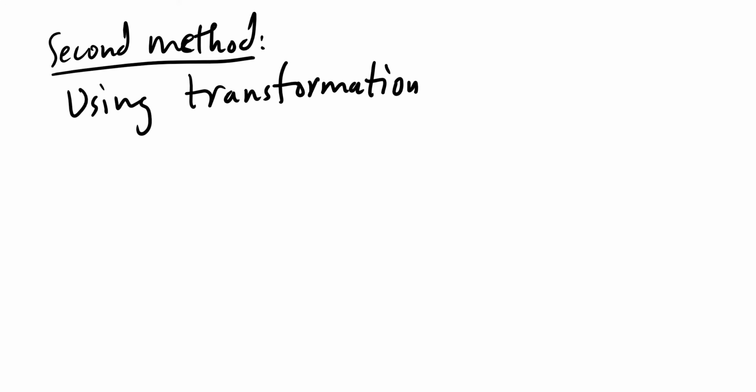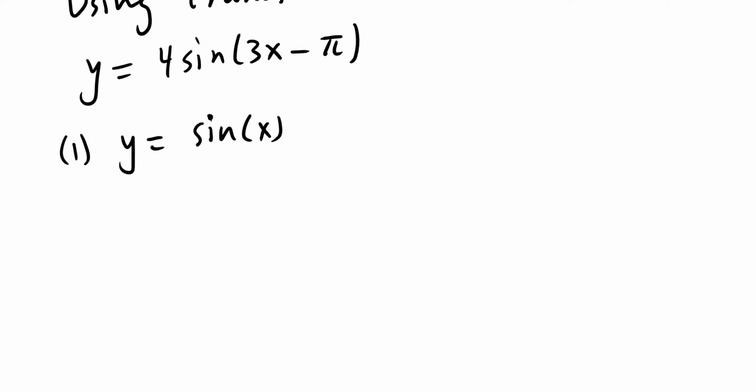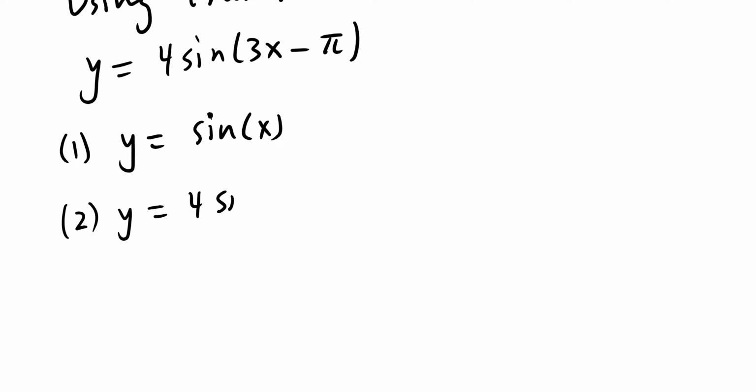So let's write the function again, 4 sine (3x minus pi). And I'm going to take it one step at a time. I'm going to just write down the steps. The first one, we graph y equals sine x, which we should already be familiar with, over 0 to 2 pi. Then we start with the number outside, 4 sine x.